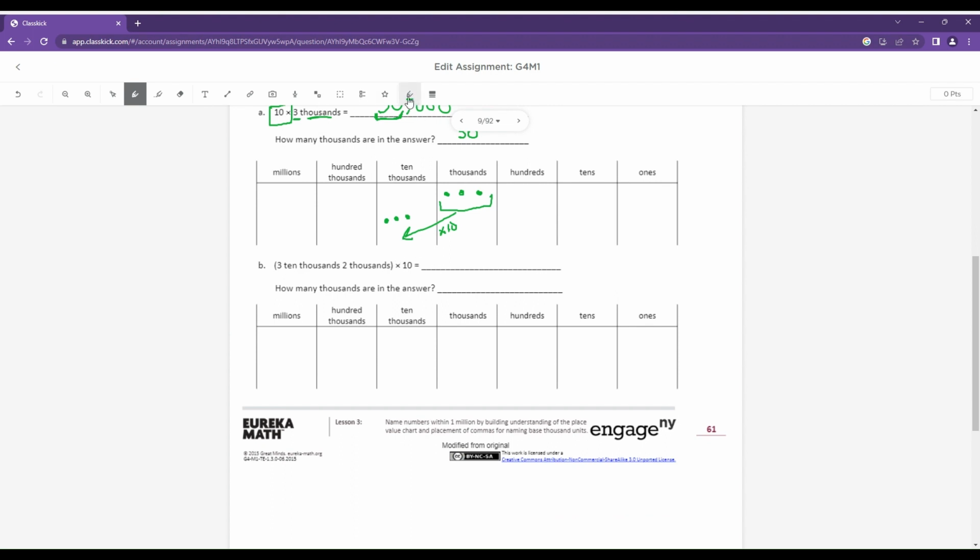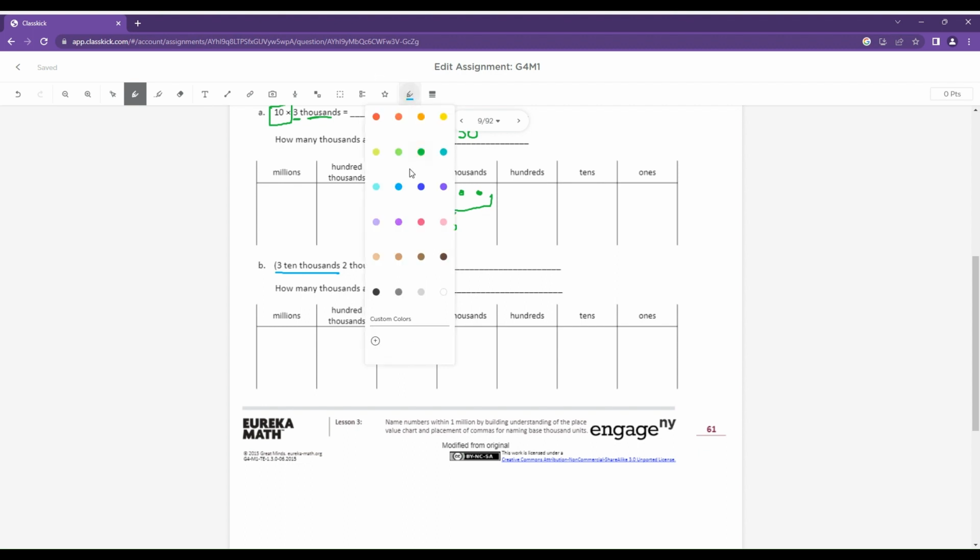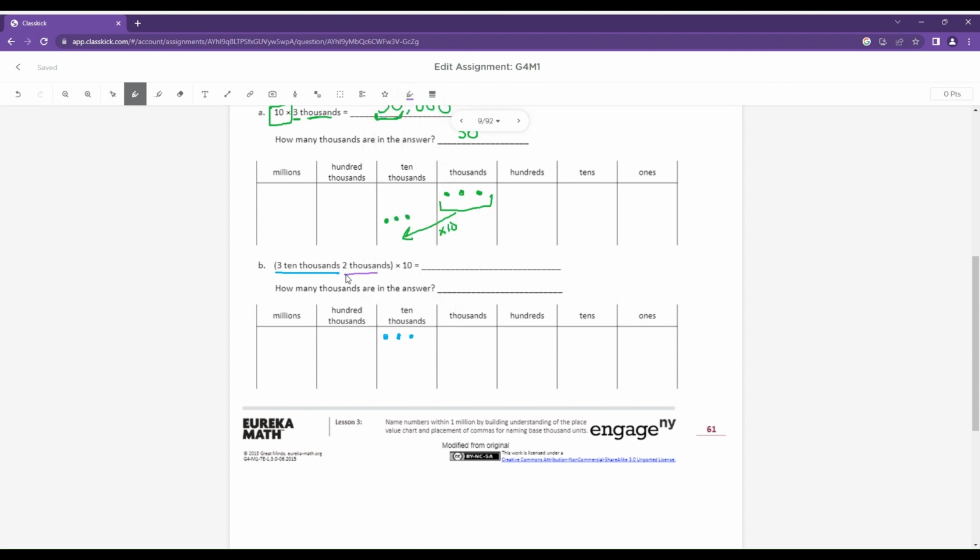So the same idea. I'm going to put 3 10,000s into my place value chart. So here's 3 10,000s. And I'm also going to put 2,000s into my place value chart. So that shows 2,000s. And again, they're both being multiplied by 10.